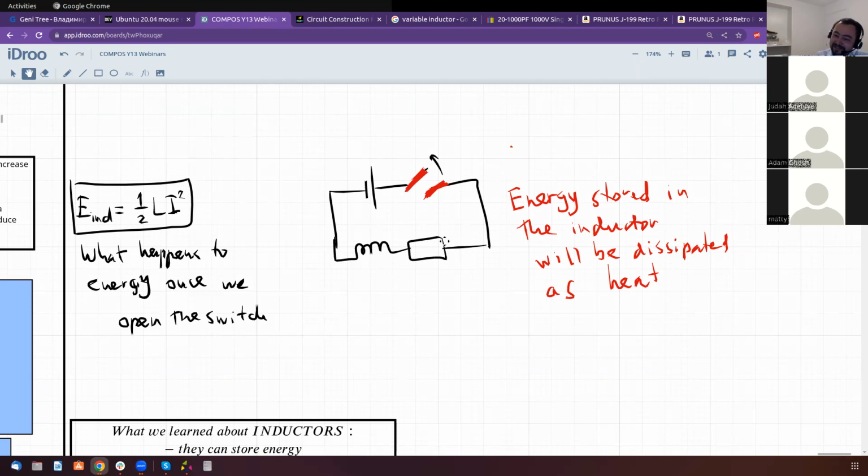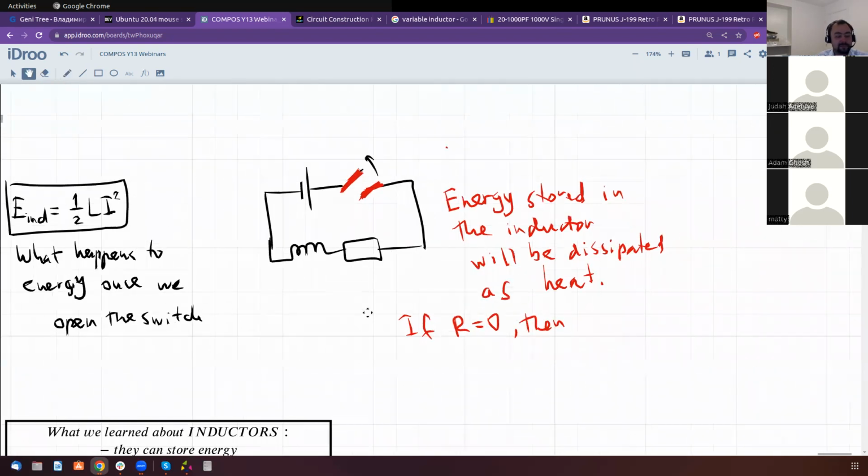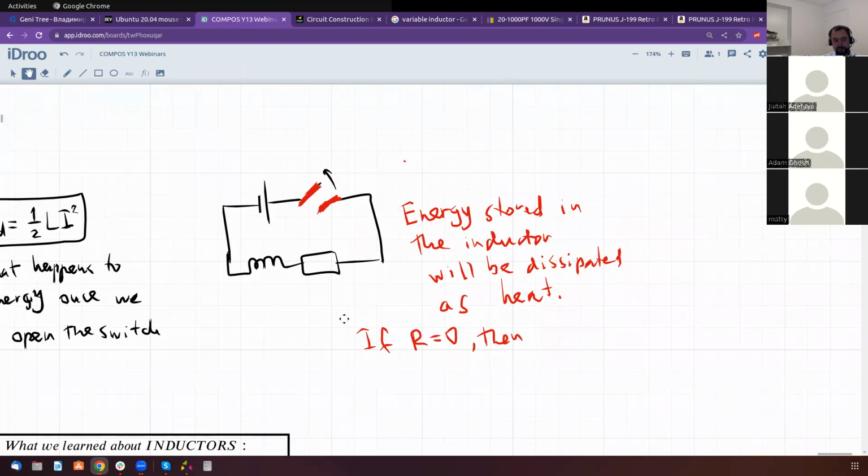What would happen then? If resistance is 0, what would happen? It's just a normal LC circuit.